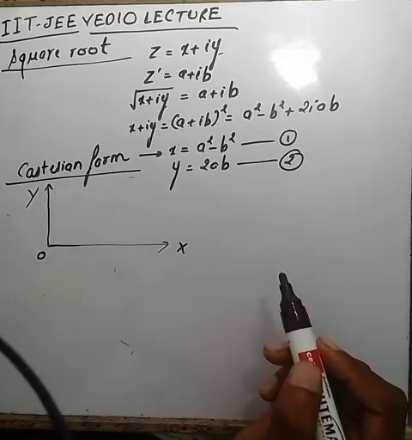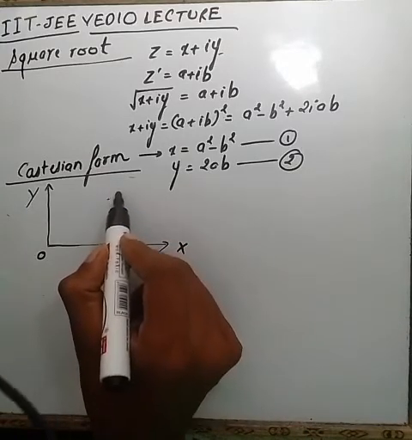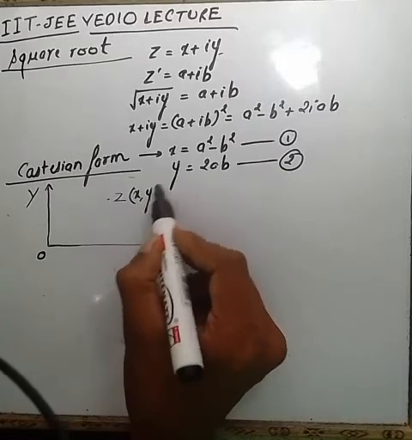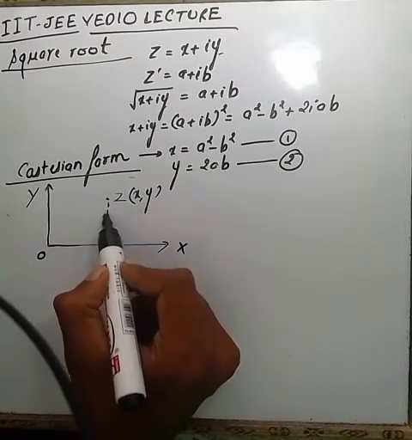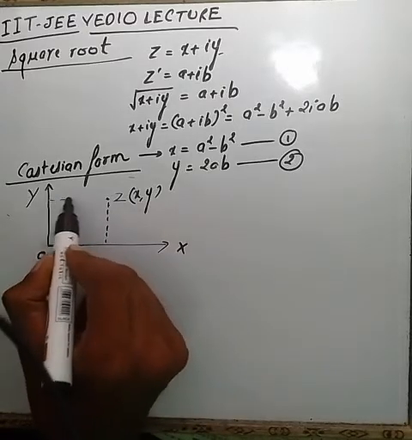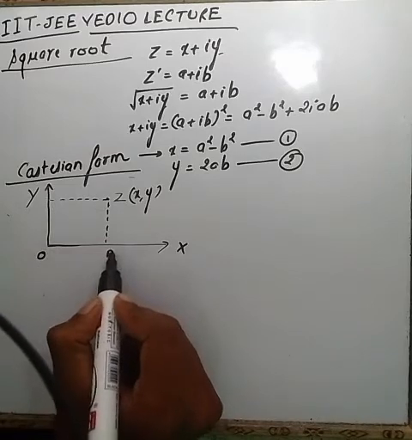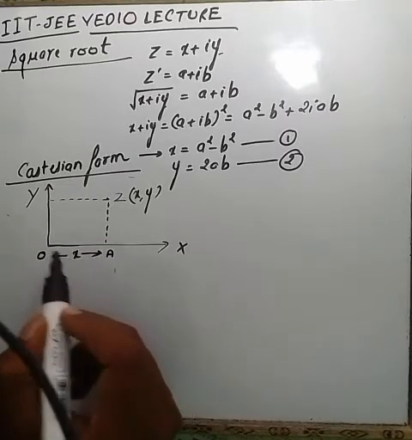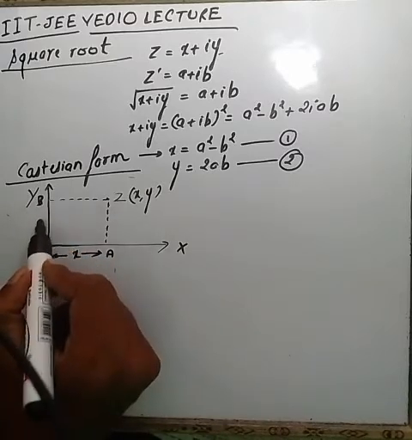So if we have one complex number like z, (x, y), from origin to point A on the x-axis it will be x, and from origin to point B on the y-axis it will be y.